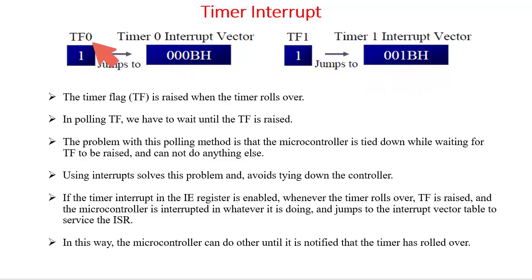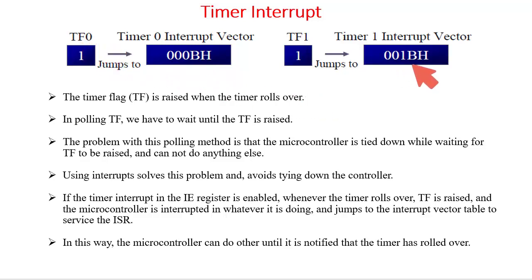Means when this interrupt occurs, the execution will jump to this memory location. When this TF1 interrupt occurs, the execution will jump to the 001B memory location. In the 000B memory location, the interrupt service routine should be written, which will assign what needs to be done when this TF0 interrupt occurs.